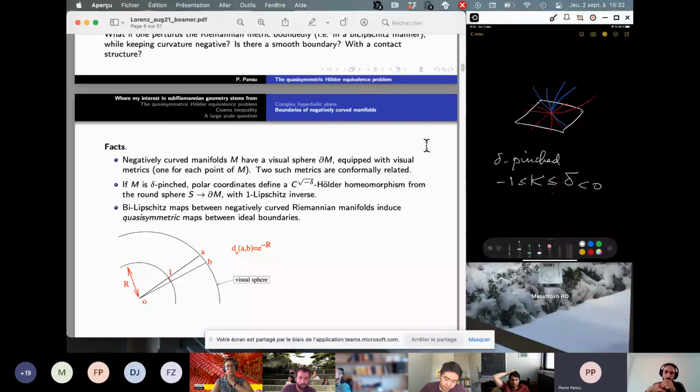These are simply polar coordinates centered at any fixed origin in M. And this goes to the boundary and allows us to define a homeomorphism of the round sphere to this ideal boundary, this visual sphere of M. And now the fact that the curvature is bigger than -1 says that the inverse of this map, the map from the visual boundary to the round sphere, is 1-Lipschitz, but in the reverse direction, it's merely Hölder continuous, C^alpha, with alpha controlled by the curvature pinching. Alpha equals the square root of minus delta.